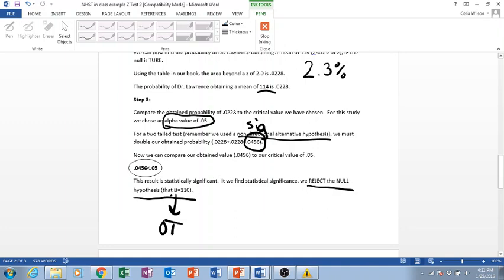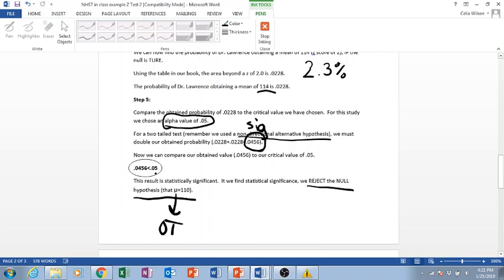And remember, the null says this. So we don't ever have proof. If you have a true experimental design, you could come the closest to talking about cause and effect. But what we have here is the probability of obtaining the sample mean we have, if the null is true, is really tiny.